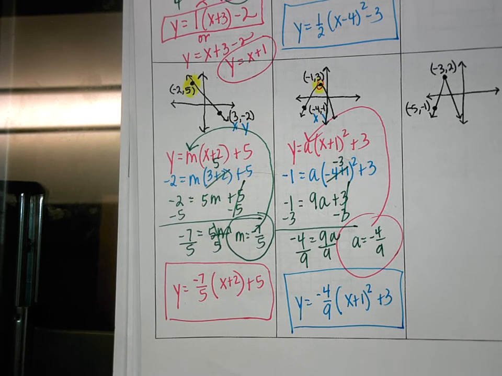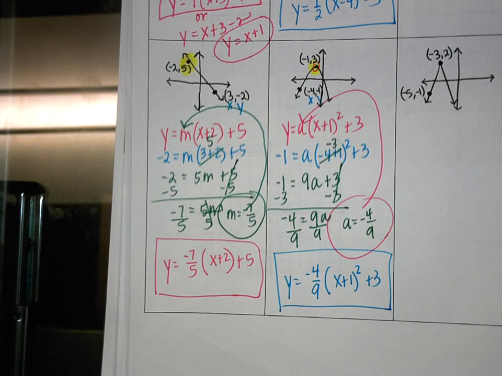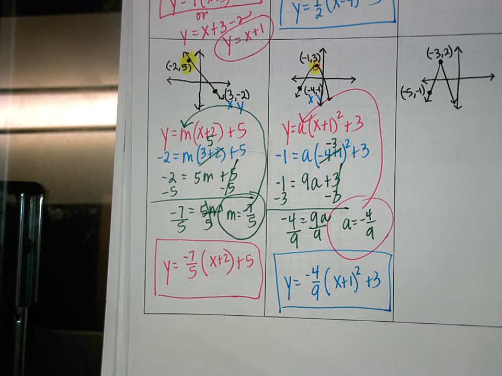Okay, so now we're going to move on to linear absolute value. Same thing, we're going to start with our vertex.